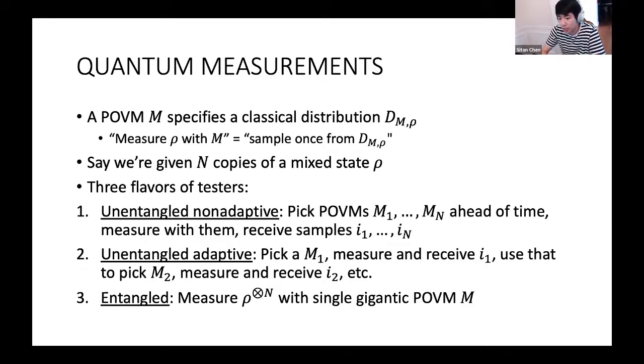So instead of designing capital N different POVMs, you can imagine just designing one gigantic POVM in this tensor space and measuring with that POVM. It's clear that as you go from 1 to 3, the power that the tester has access to increases. In particular, entangled measurements can capture unentangled adaptive measurements, which of course can capture unentangled non-adaptive.